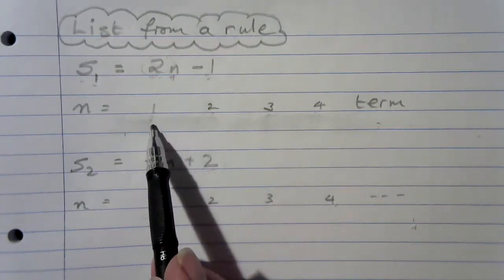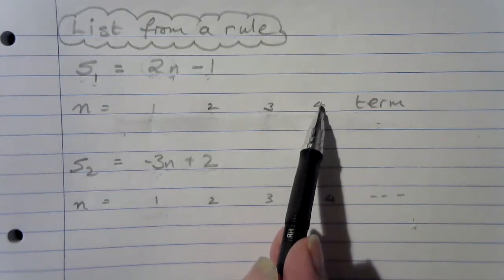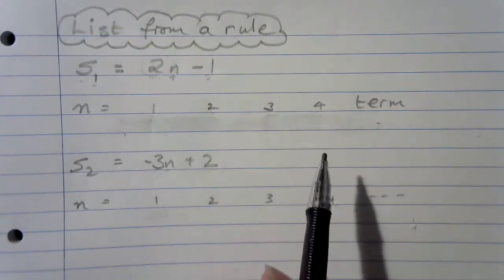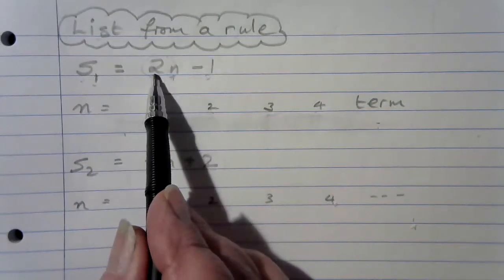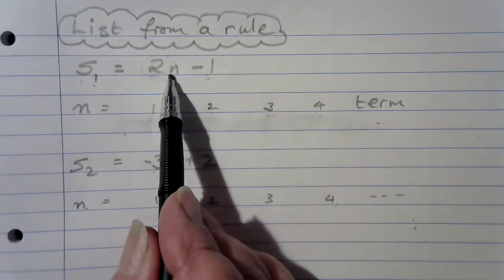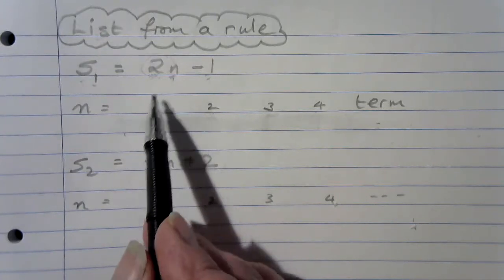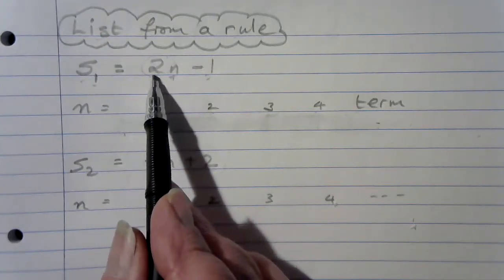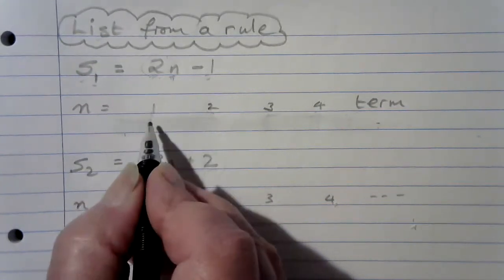We talk about the first term, second term, third term, fourth term, and so on. It carries on. Now the first term is when n is equal to 1. So my first term here is 2 times 1, which is 2, minus 1, which is 1.